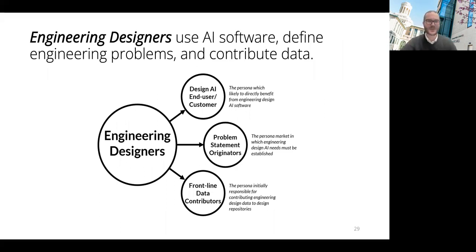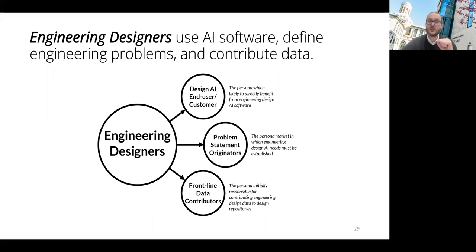And then finally, we have our engineering designers. This is an older role, right? Engineering designers have been around for a long time, but in a world that embraces DeFi, the job of an engineering designer is going to look a little bit different. So engineering designers will increasingly use AI software that's produced by design AI developers using data that's curated by design repository curators. But engineering designers also need to own the engineering content.